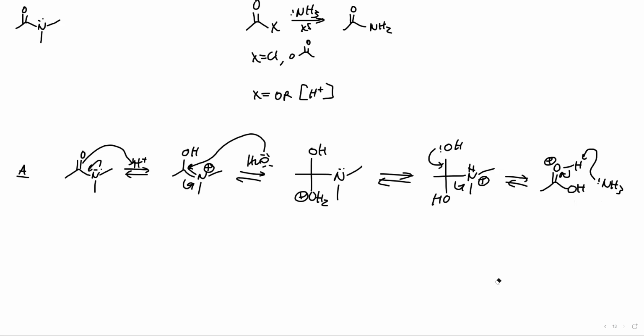Okay, so what does that leave us with? In acidic condition, we will have a carboxylic acid and, sorry, not NH4 plus. This is going to be NH2 plus. Okay, amines are going to deprotonate the carboxylic acids, not water, because amines are more basic than water.